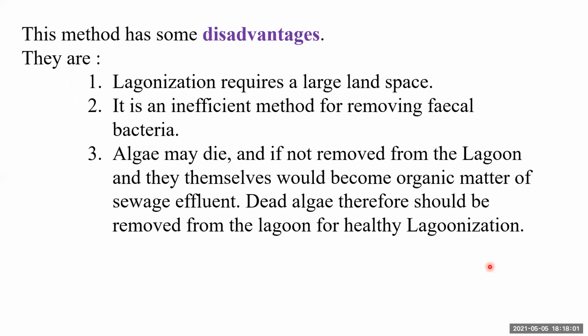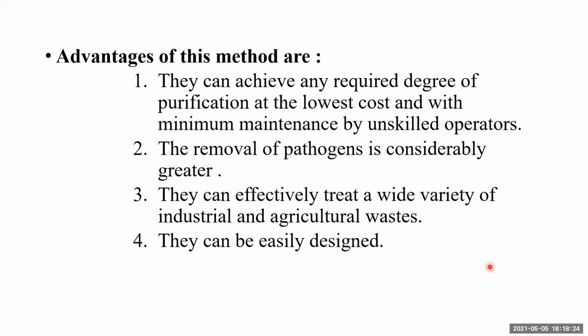Algae that flourish in the oxidation pond may sometimes die. If the dead algae are not removed from the lagoon, then they themselves become organic matter in the sewage effluent. Dead algae should therefore be timely removed for healthy lagoonization. Otherwise, they can create nuisance.